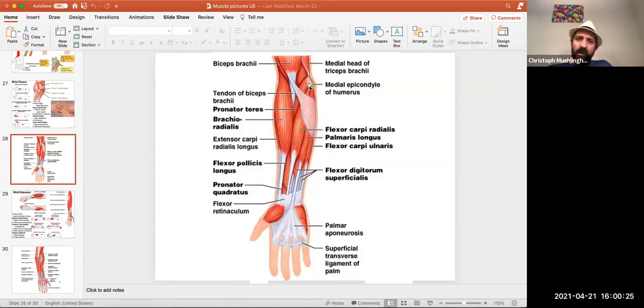And then we've got a few muscles that go straight down the middle of the forearm. The first one is a muscle that goes to the carpal bones, on the thumb side. And remember, the bone that runs on the thumb side is the radius.